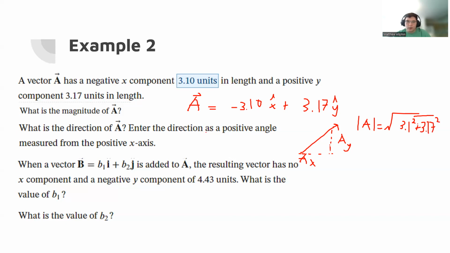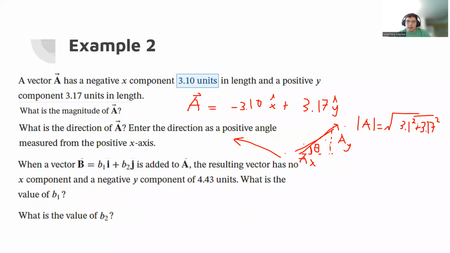And then the other one is the direction. To find the direction, again, we just treat it like a triangle. And right here would be the direction, or the angle. We usually measure it from the positive x-axis. In this case, our vector is not pointing this way, it would be pointing this way.